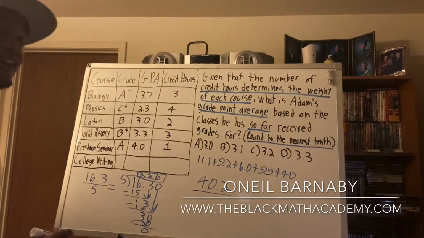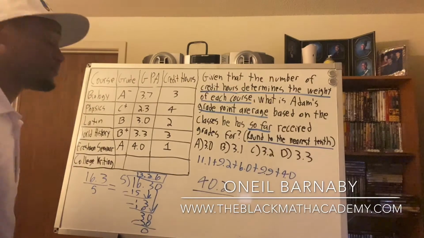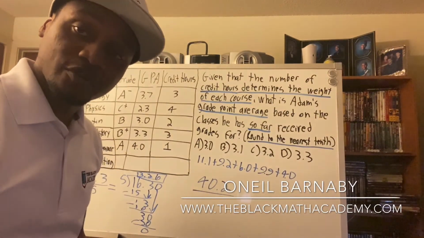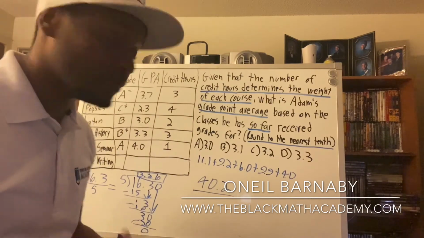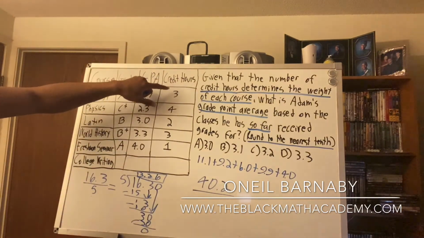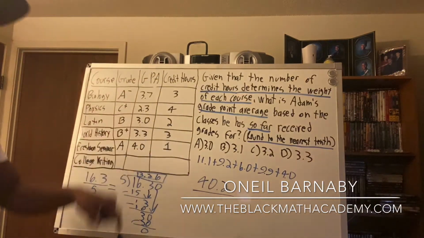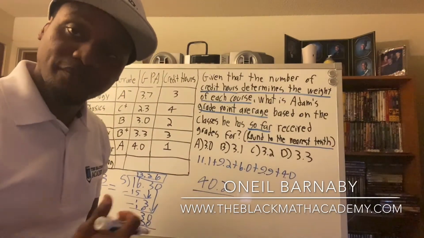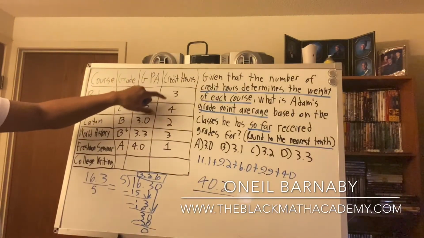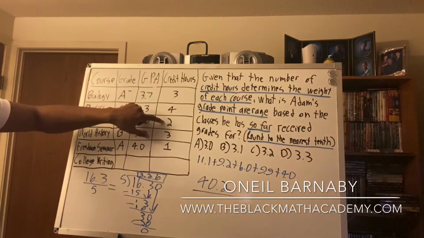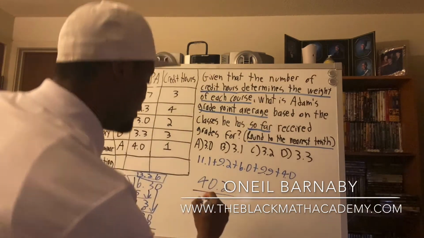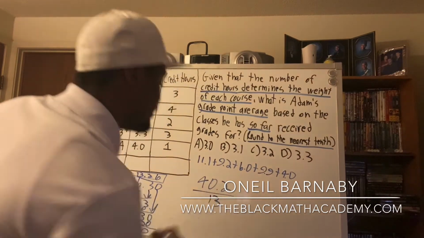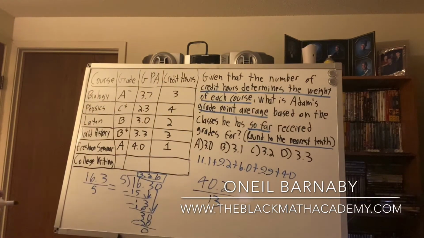Now we have to divide by the number of numbers. In this case, the number of numbers is the total weighted hours for his entire schedule. So the credit hours that he has here, 3, 4, 2, 3, and 1, that would be the total. So 3 and 4 is 7, 7 and 2 is 9, 9 and 3 is 12, 12 and 1 is 13. So we're actually dividing by 13.